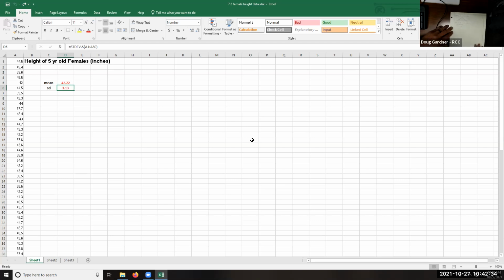But assuming this is normal data, you should understand that the empirical rule applies. But what we've been learning recently is you don't have to just stick with plus or minus 2 standard deviations and so forth.